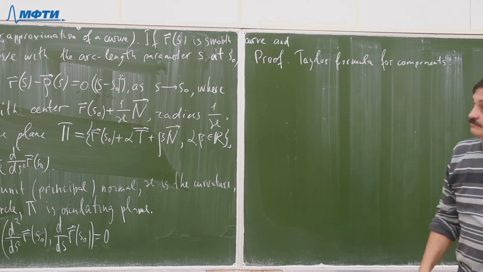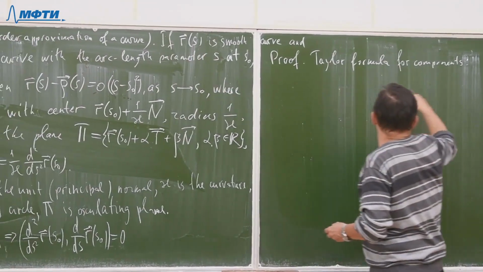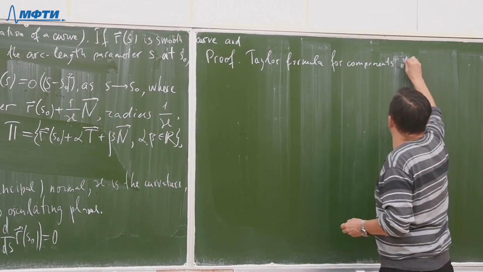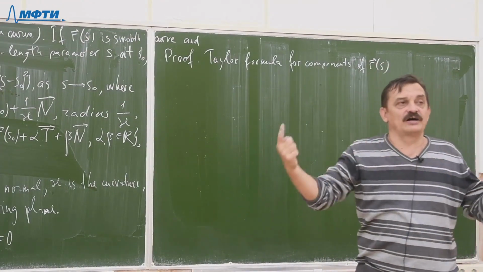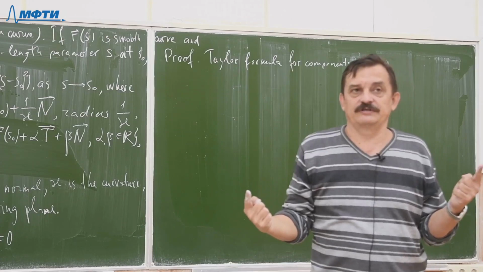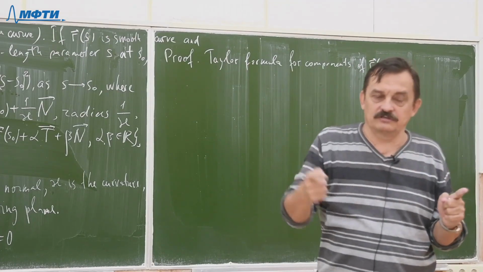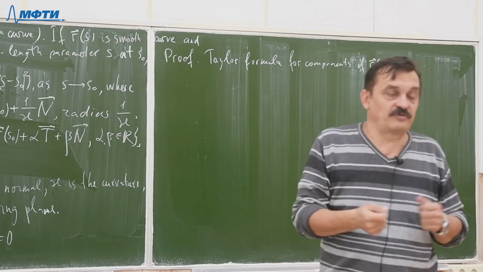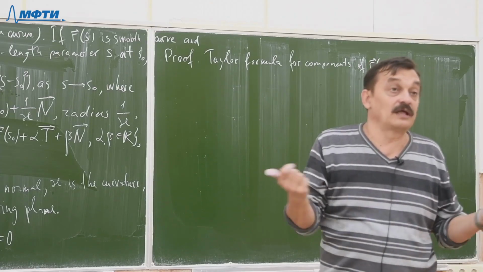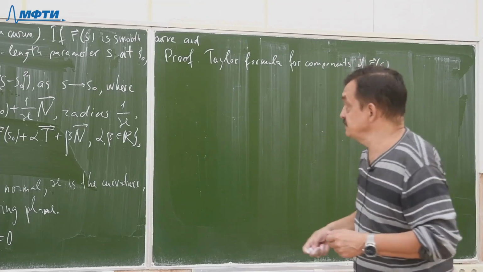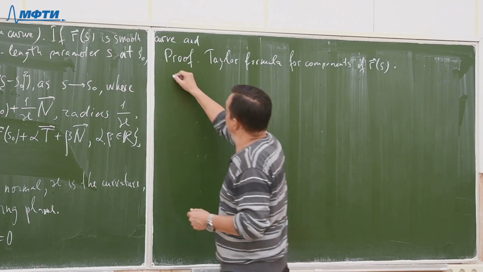It gives, look, so we look for components of R of S. So we have vector function, right? And each component is a usual function, so we can apply Taylor formula for each of components. And it gives us the following representation.